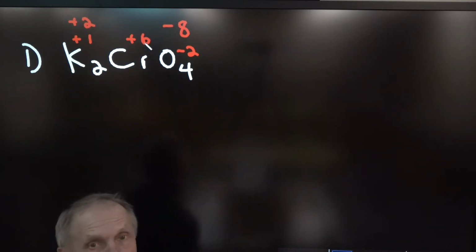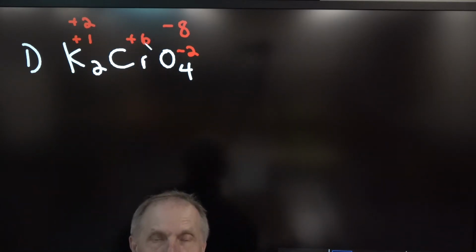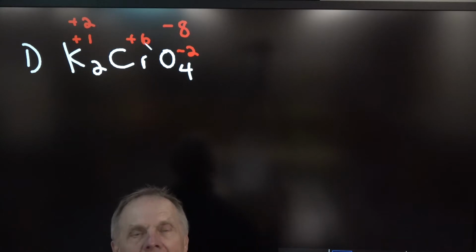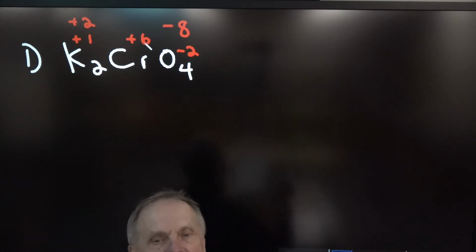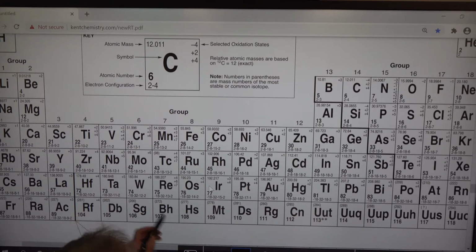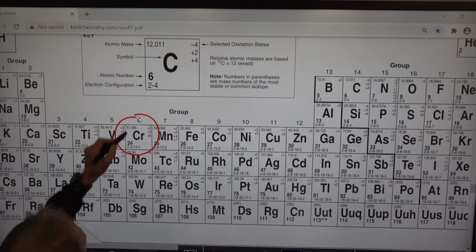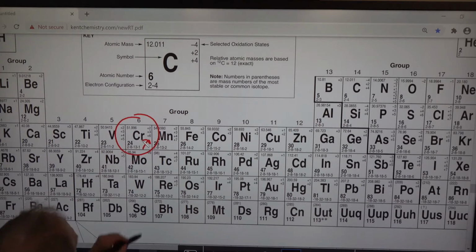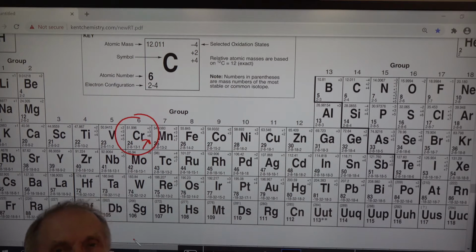But what you have to do is look at your periodic table to make sure chromium has a +6 oxidation state. So when we look at the periodic table, there is chromium right here. And as you see, chromium has a +6 oxidation state.